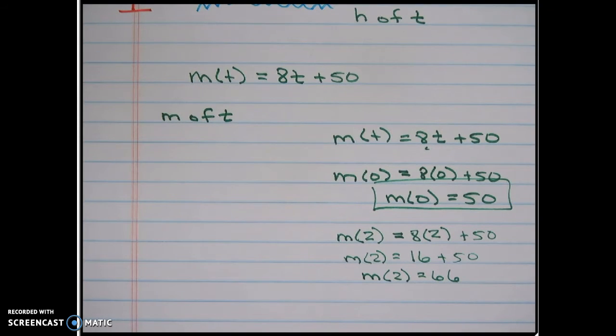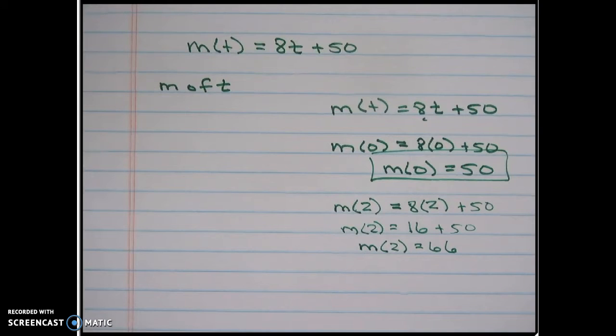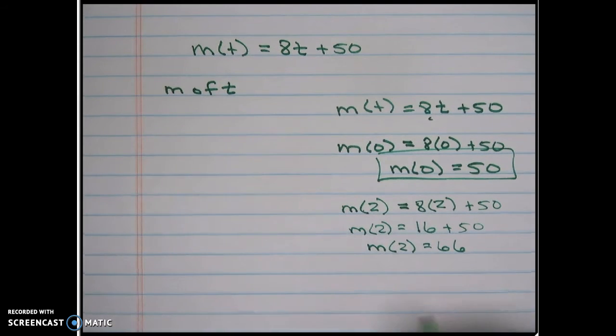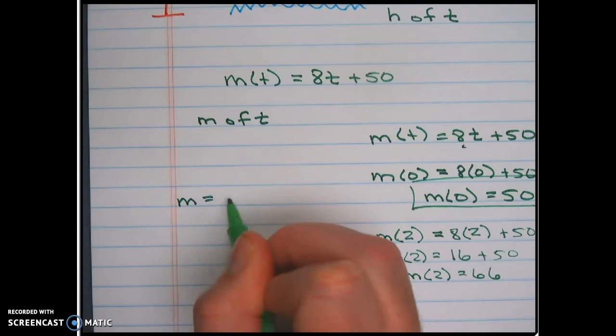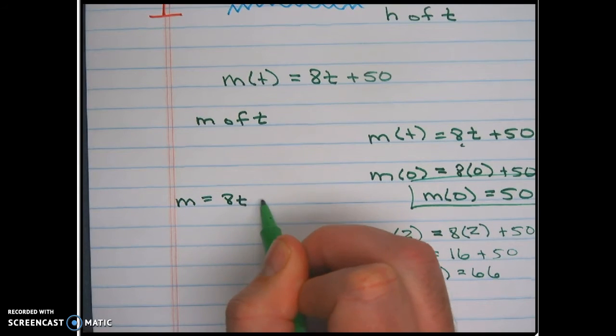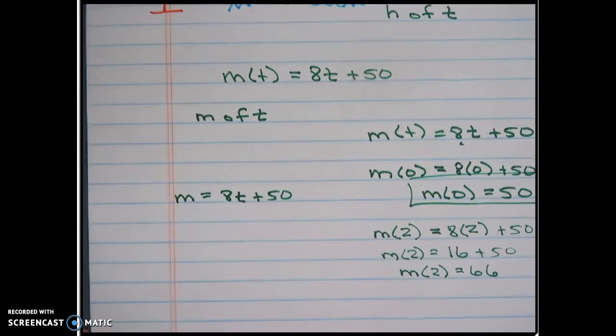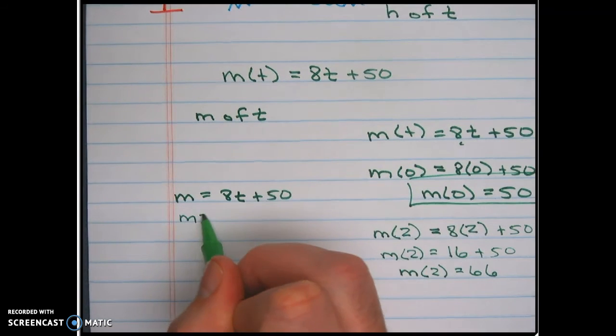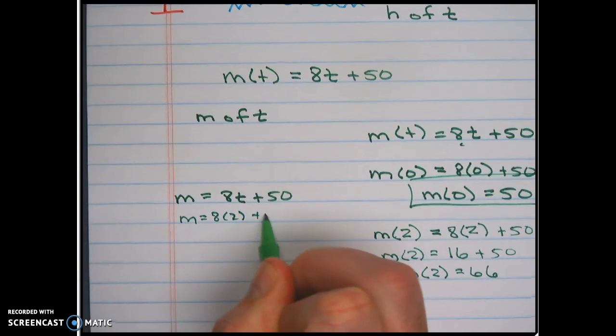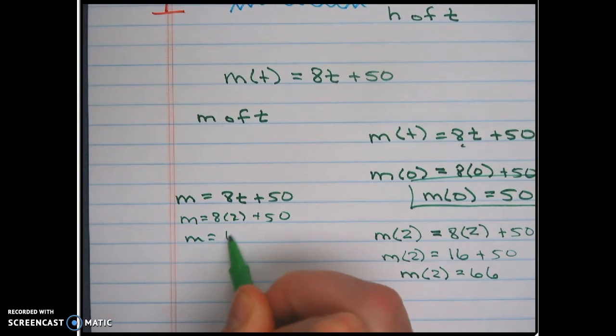So this function notation just gives you a different way of writing your answer or writing a problem in a way that gives you more information. Because if I said something like money is equal to $8 an hour plus 50, and I just gave you that equation, and I said you work 2 hours, you would say, well, m equals 8 times 2 plus 50, m equals 16 plus 50.